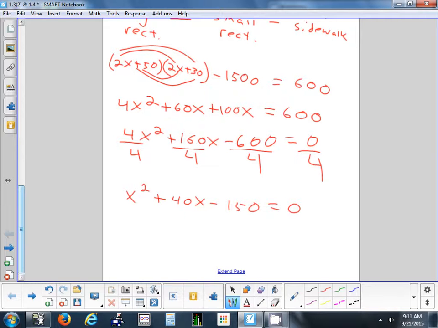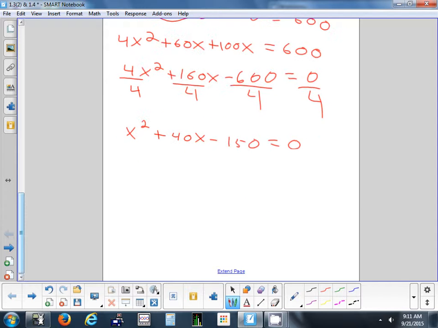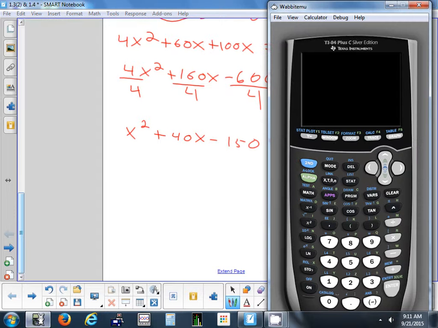Starts out negative B, plus or minus. Yeah, that whole thing. What's the name of that thing? Quadratic formula. Okay, so we could use the quadratic formula, we could use factoring, or we could just graph it. For this one, let's just graph it.